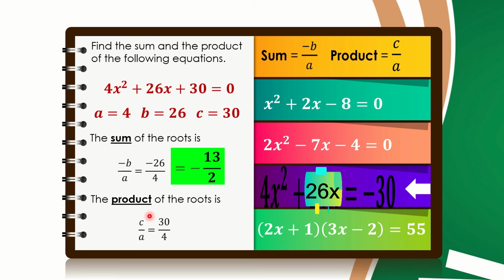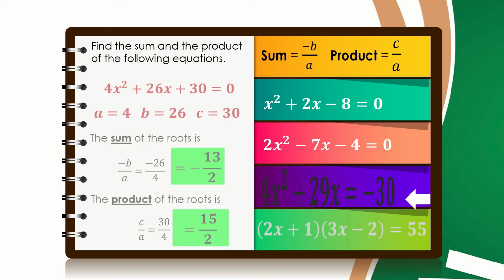Therefore, we have 30 over 4, 30 for c and 4 for a. Simplifying 30 over 4, we will have positive 15 halves. Therefore, the sum is negative 29 over 4, while the product is equal to 15 halves.